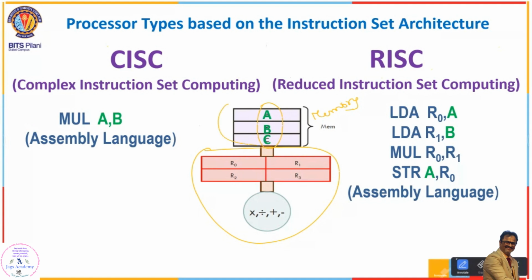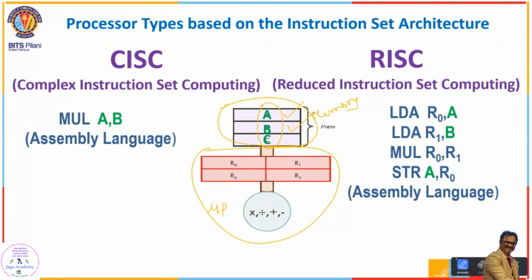I told you in the beginning that the microprocessor has registers and arithmetic logic inside. Your memory is outside the microprocessor. Now, assume that you have to multiply two numbers which are available in memory locations, and these memory locations exist outside the microprocessor, right? But multiplication happens in the microprocessor, right?